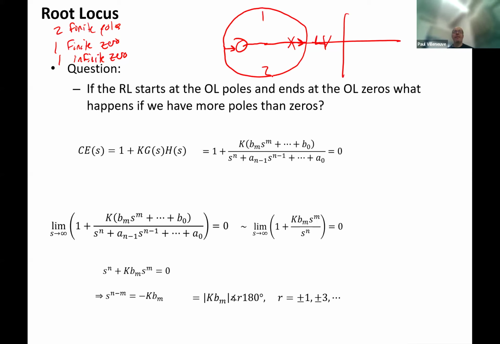I've got two of them. So where does that other root locus terminate? Way out, as S approaches infinity. So I have two root loci because I have two poles, and I have to terminate at two zeros. I terminate one at the finite zero, and the other one at the infinite zero.